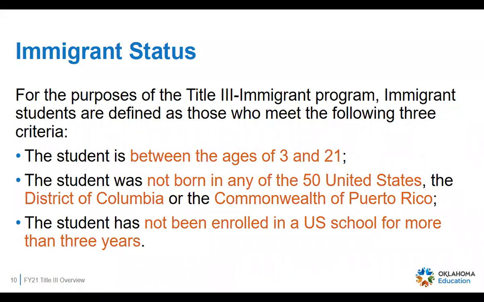They were born outside of the 50 United States, and it's probably the first time in a US school. I bring this up because my own kids years ago fell into this category. They were born overseas, and when we moved back, they enrolled in a US school for the first time. So for 3 years, they were considered immigrants.